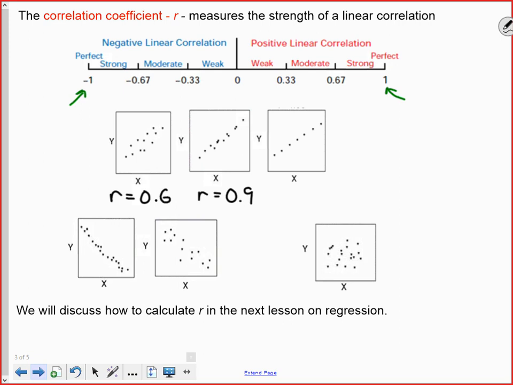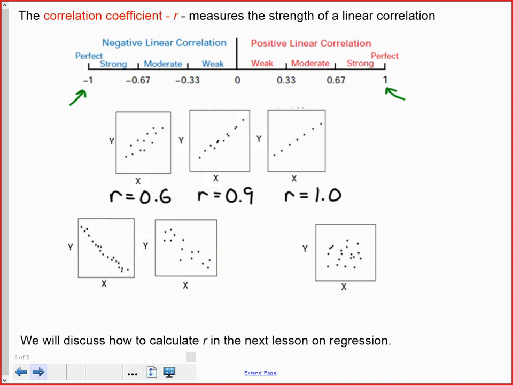And of course, this one that we identified as perfect would have an R value of 1. With our negative correlations, this first one might have an R value of something like negative 0.95, a very, very strong negative linear correlation. This one, maybe something like negative 0.5, a moderate negative correlation. And this one would have an R value close to 0.